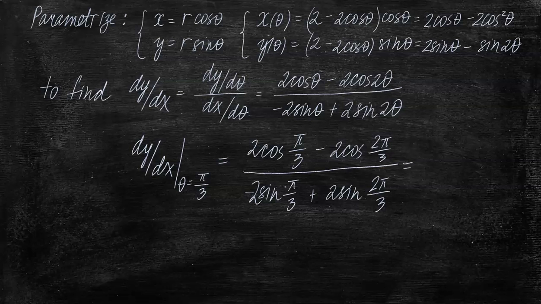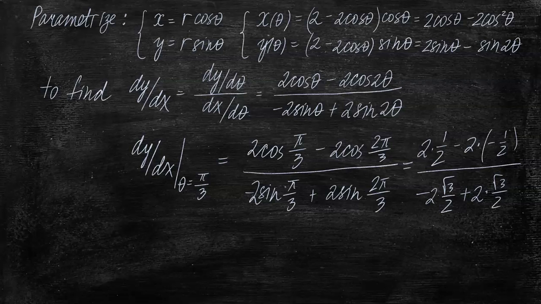And what do we have here? Cosine of pi over 3 is 1/2, cosine of 2 pi over 3 is negative 1/2, sine of pi over 3 is root 3 over 2, and sine of 2 pi over 3 is also root 3 over 2.